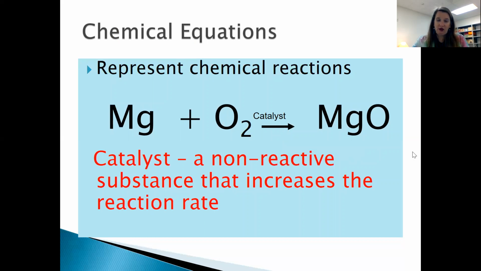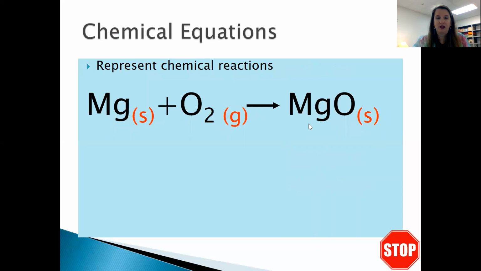If there's a catalyst involved, and most of the time we don't really use catalysts in this level of chemistry, we would write the catalyst above the arrow, because catalysts are not part of the chemical reaction itself. They're not a reactant, they're not a product, they're just used to get the reaction to go. So in order to indicate that we're using it, we put it above the arrow, but it's not written in the reaction itself because it's not reacting.